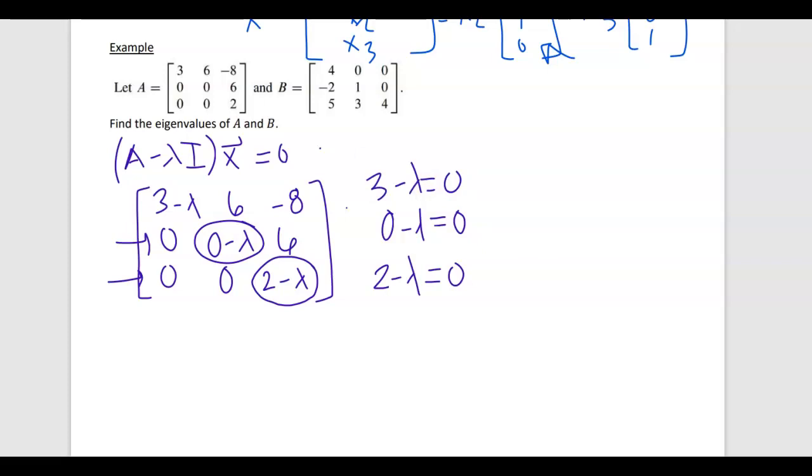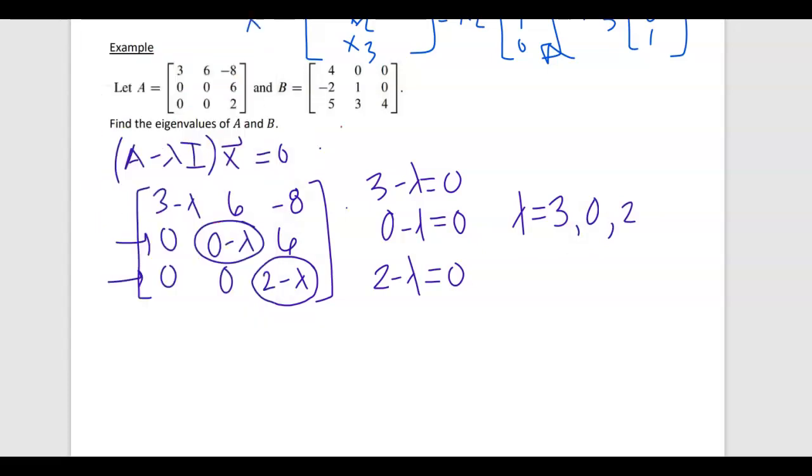So my eigenvalues have to actually be the diagonals of the triangular matrix, or the row reduced matrix, not all the way, but that's how I'm going to find those eigenvalues.